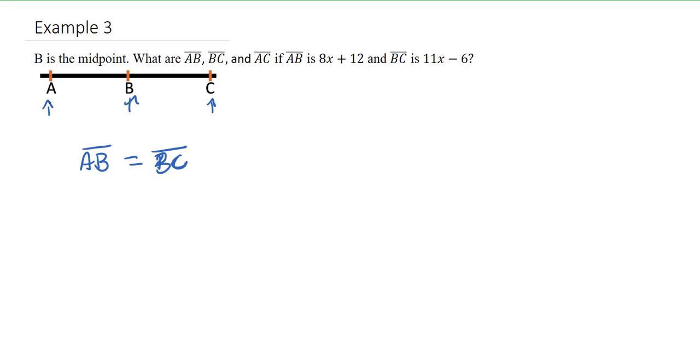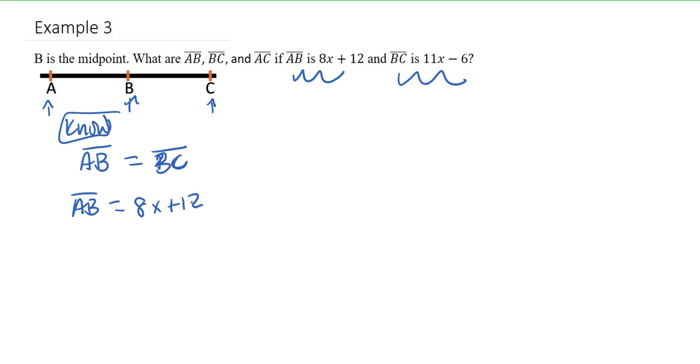So what do we know then? We need to solve for AB, BC, and AC, and we know AB is equal to 8x plus 12, and BC is equal to 11x minus 6.